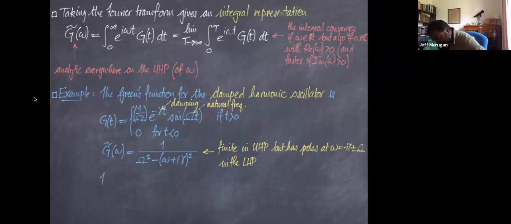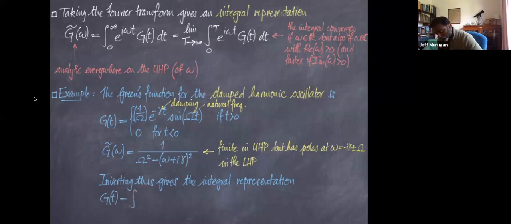So inverting this gives the integral representation for the Green's function: g of t equals the integral from minus infinity to infinity d omega over 2 pi.